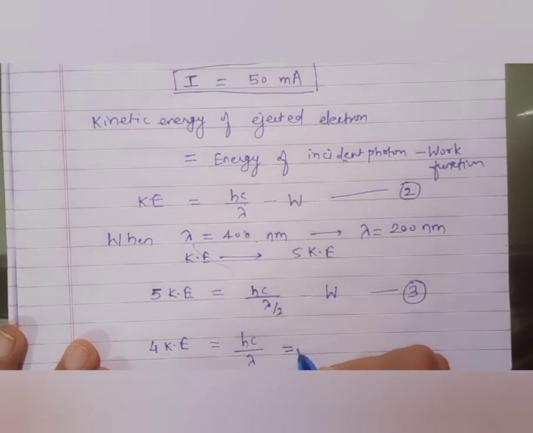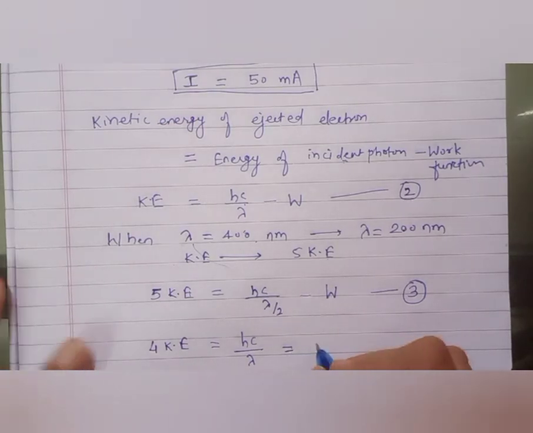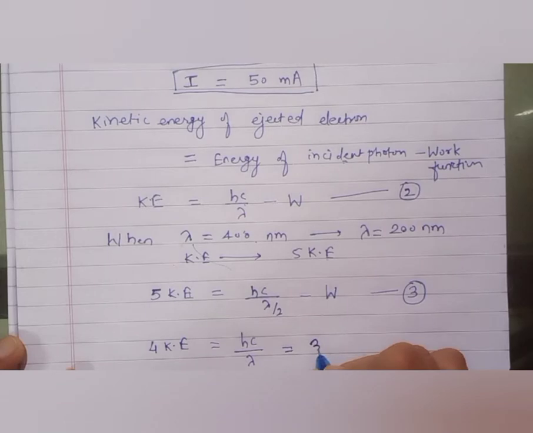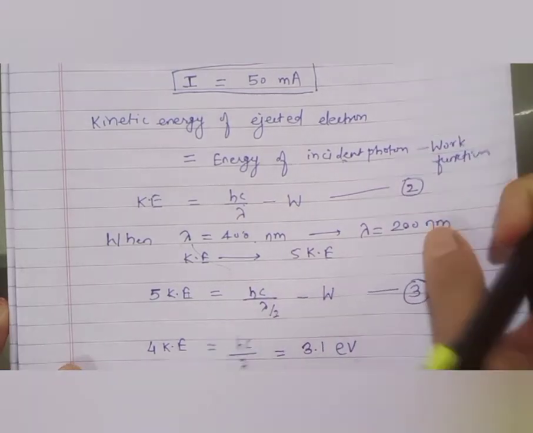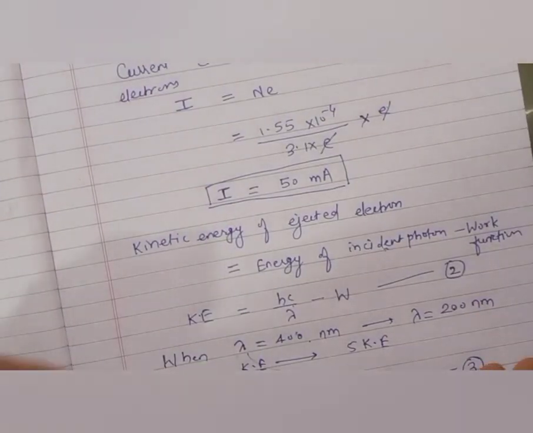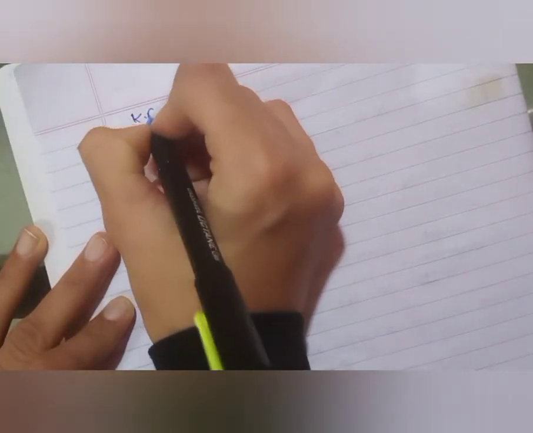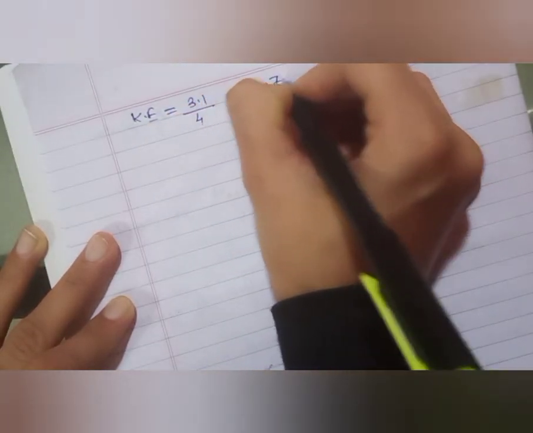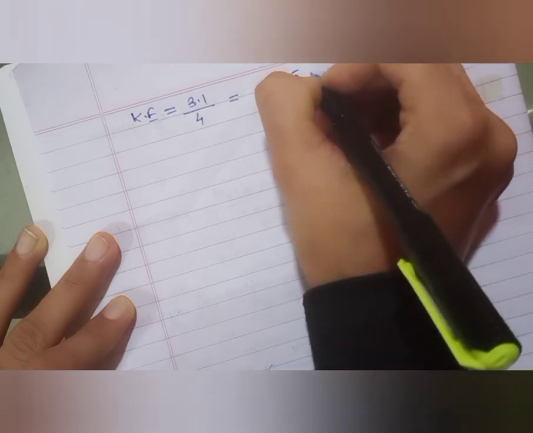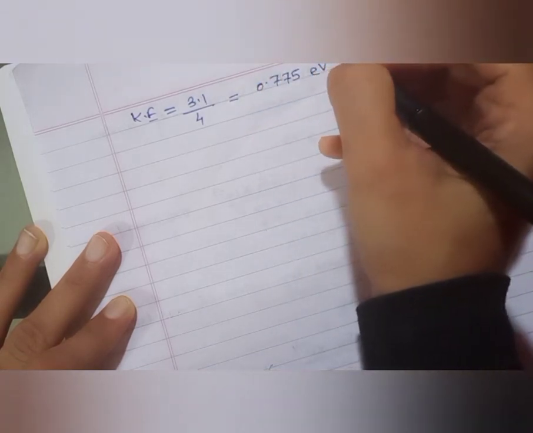The hc by lambda value we have calculated at the very start of the numerical. That comes out to be 3.1 electron volt. So 4 times kinetic energy equals 3.1 electron volt, so kinetic energy will be 3.1 divided by 4, which equals 0.775 electron volt.